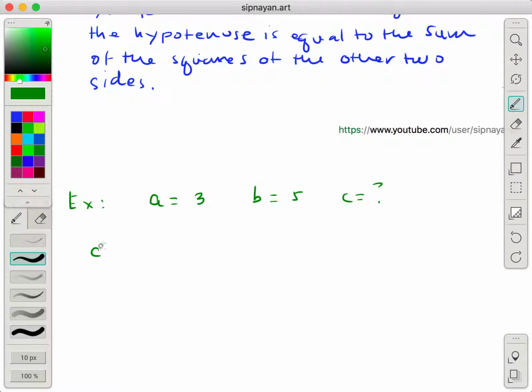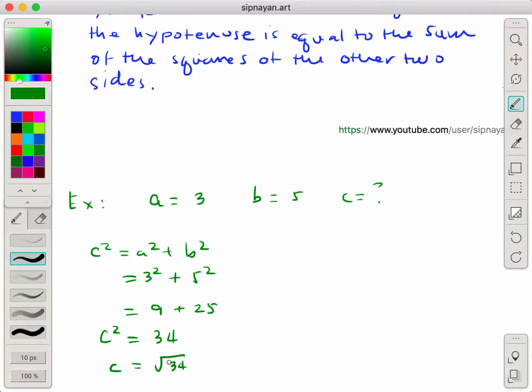Again, by the Pythagorean Theorem, C squared equals A squared plus B squared, which means that this is 3 squared plus 5 squared, which means that this is 9 plus 25. Tama? 9 tsaka 25. This is 34. So this is our C squared. So C squared, we get the square root of both sides. C equals square root of 34. So most of the time, tinatanggap naman to ng teacher. But syempre kung kailangan i-simplify para maging decimal siya, we need a calculator. Mahirap naman siya i-manual.